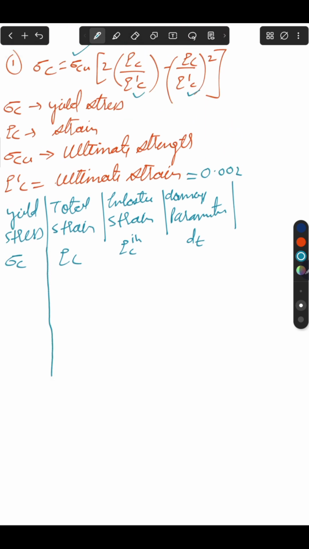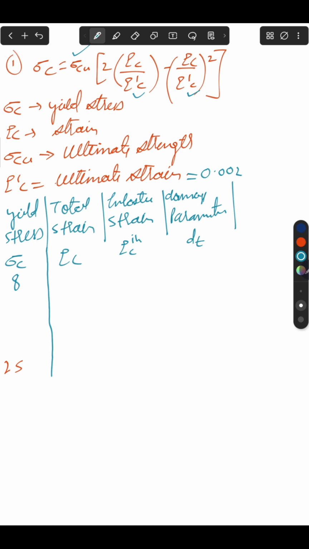Now we need to define the values of sigma c. For example, our peak strength, let's say 25, is our fcu, 25 MPa. So we need to increase the value of sigma c. The initial value of sigma c, let's take 8. I will show you why I am taking 8.